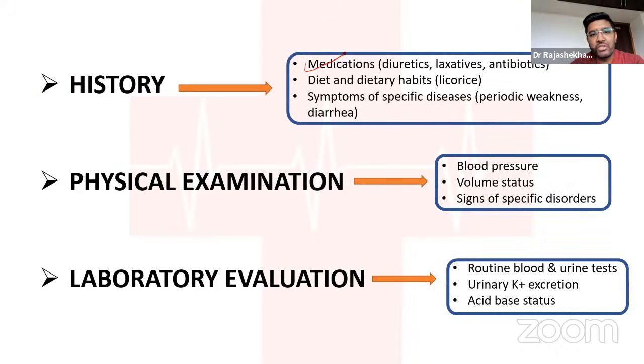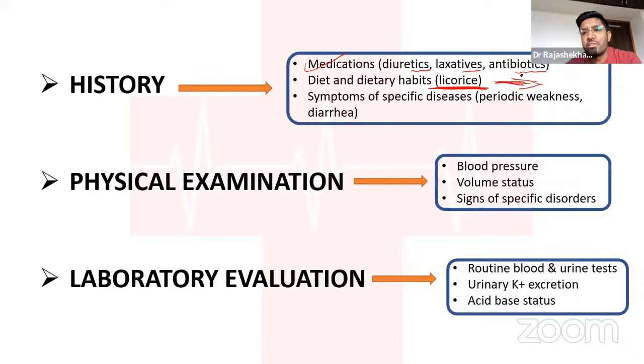So rule out the medications, majority the diuretics, the laxatives, and the antibiotics, especially the penicillin group of drugs, or if the patient is on any antifungal therapies like Amphotericin B, itraconazole, posaconazole, etc. And check for diet and dietary habits, that is the licorice. Licorice is a very, very important thing, which is actually consumed as a powder.